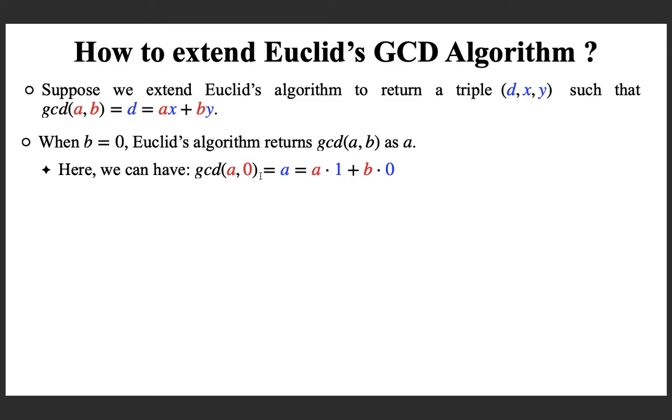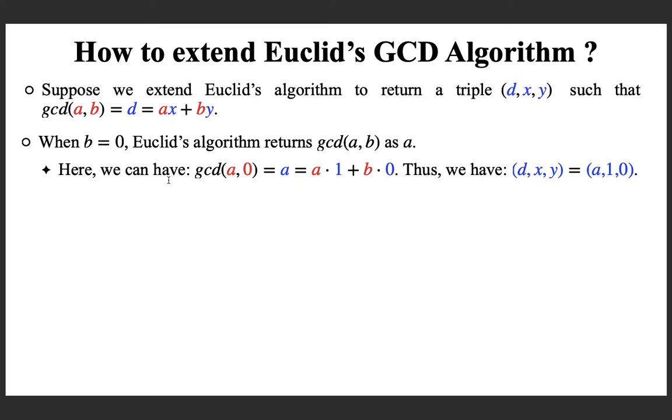The GCD is obtained as a, which is the first argument multiplied by 1, plus the second argument, which is 0 in this case, multiplied by 0. This is a solution; any value for y will do, but this is also a possible solution. So of course you can return d, x, y as a, 1, 0.